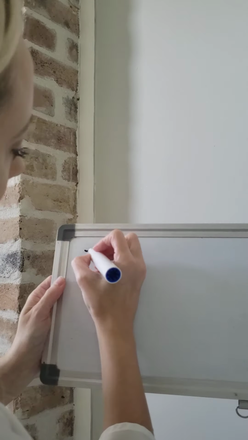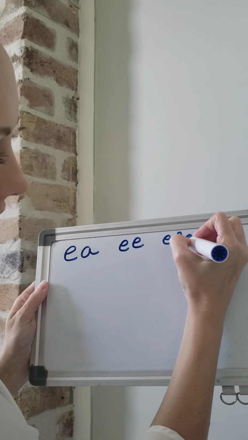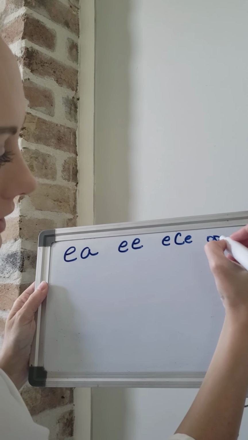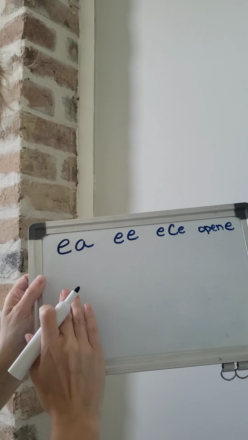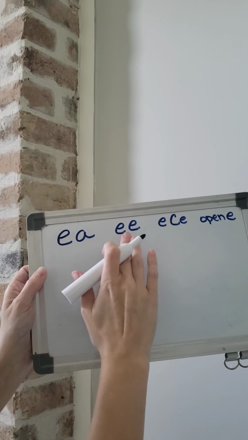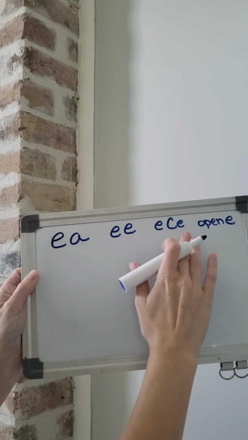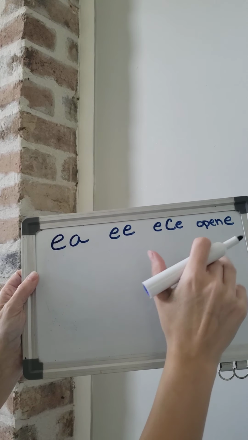So we have EA, EE, E consonant E, and open E. Okay, so that's our 4 patterns.